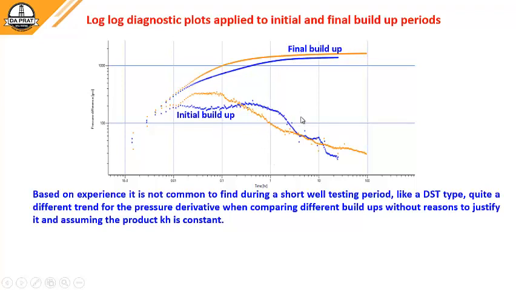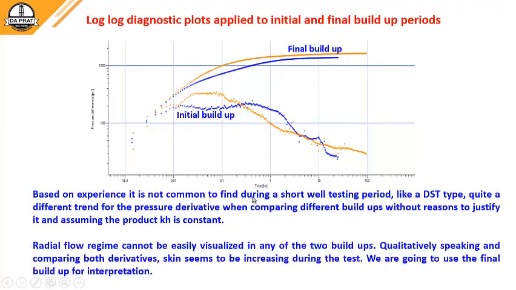This is your final build-up. And regarding the radial flow regime, if we use the classical way to visually identify it, we can go one cycle and a half, and radial flow should be here.